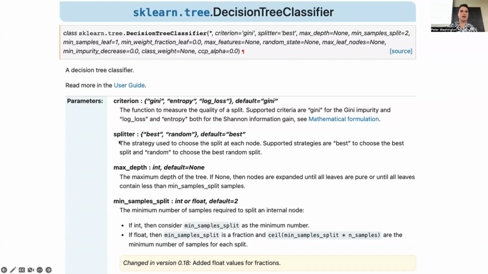The splitting strategy used: are you gonna split with the best split, or are you gonna choose a random split, the best random split? What do you mean by, what is the best split? Choose the best split. I think you split based on the criteria, look at several ways to split your data, and choose the one that's the best.